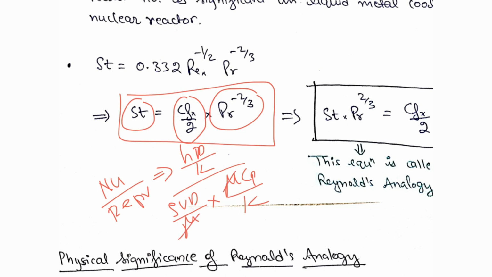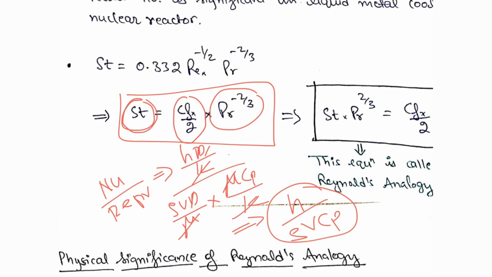If you cancel out the terms like this, you will get the Stanton number equal to h upon rho v cp. This is your Stanton number. Since the Prandtl number is given, you can easily get all these values, rho v cp. From here you can calculate the value of hx.